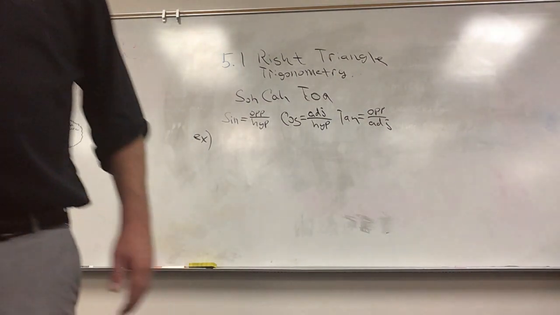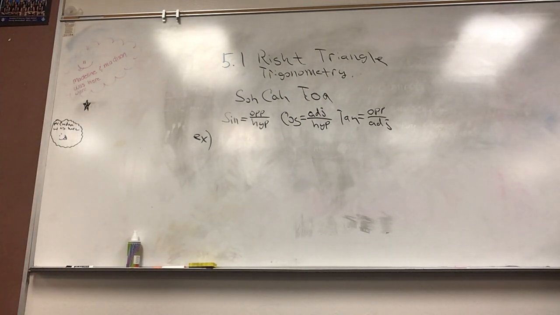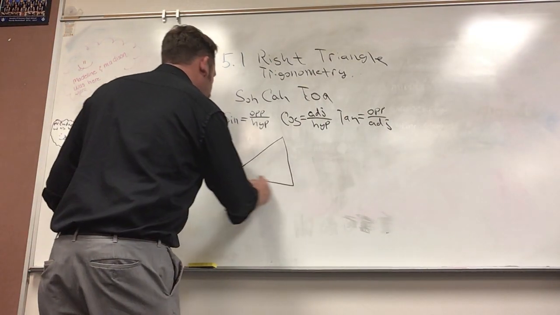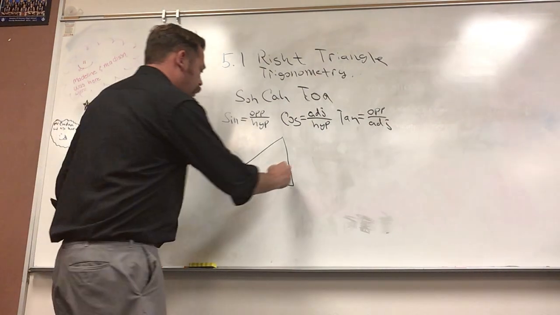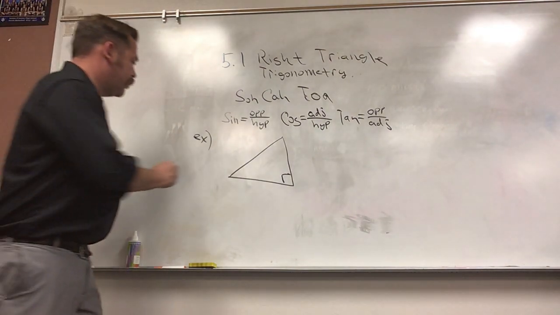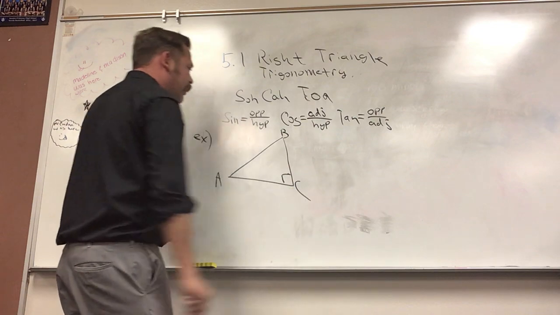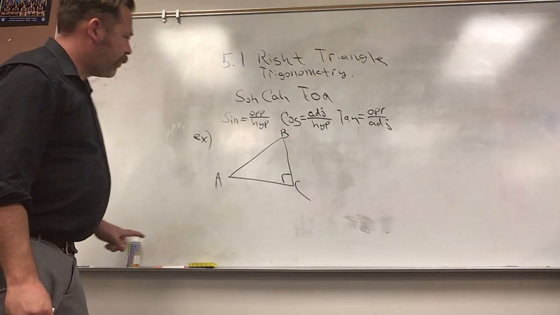It's a good one. Let's see, right triangle. I'm gonna give you the following information. First of all, when you're solving triangles, angles are given with capital letters, sides are given with lowercase letters. So if we have the triangle A, B, C, notice how all these angles are named with capitals?